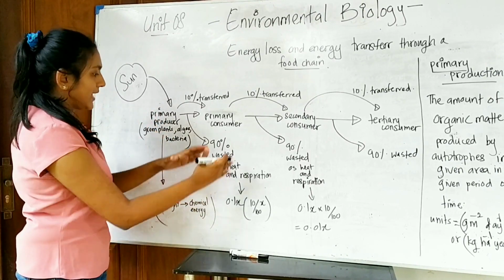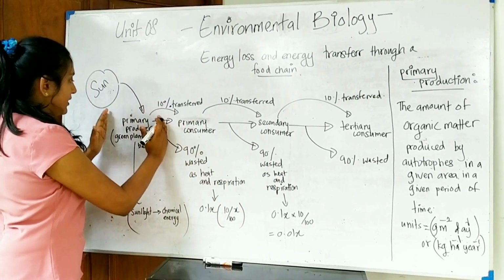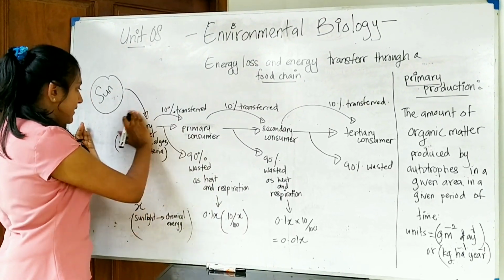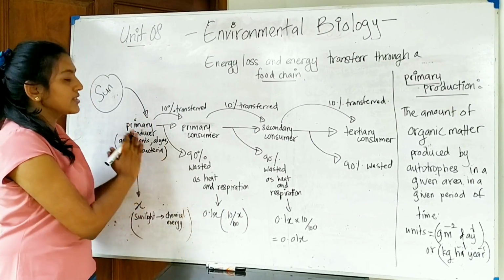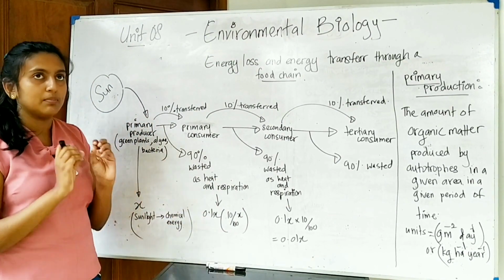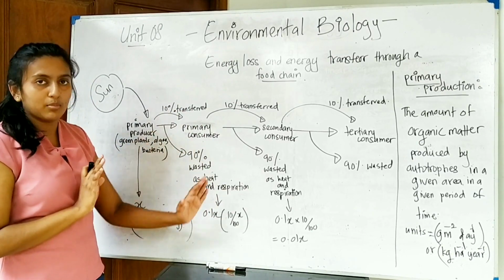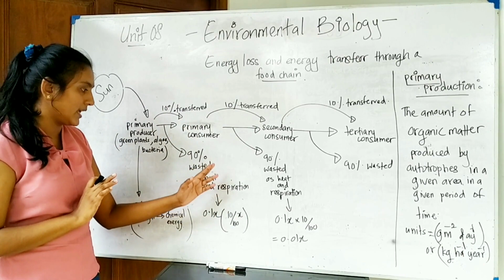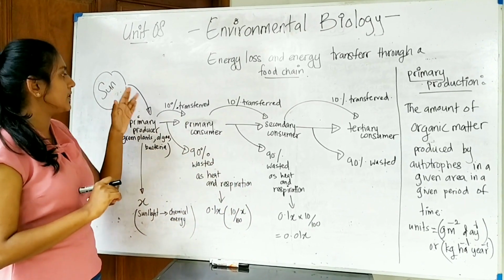So as heat and as respiration, 90% of the energy that the primary producer fixes from sunlight as chemical energy is wasted away for metabolic activities, basically as heat, and for respiration. So only 10% is remaining.